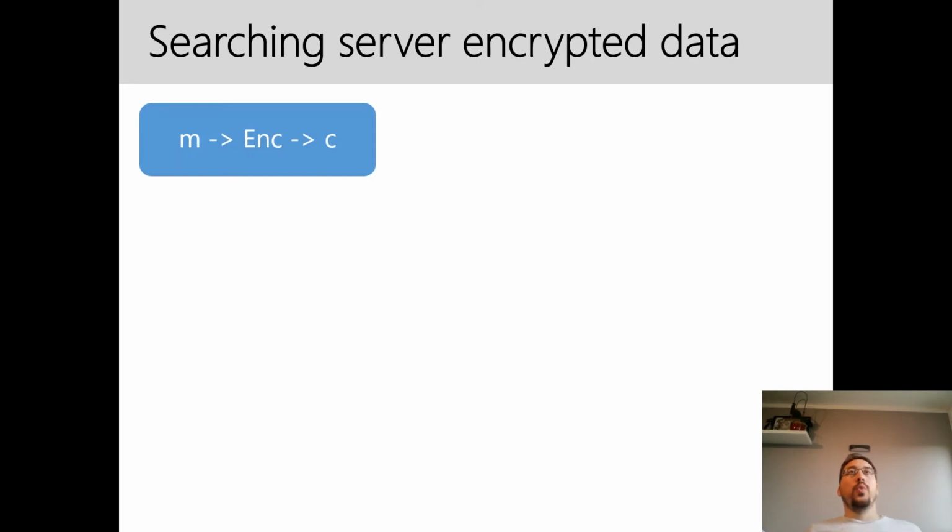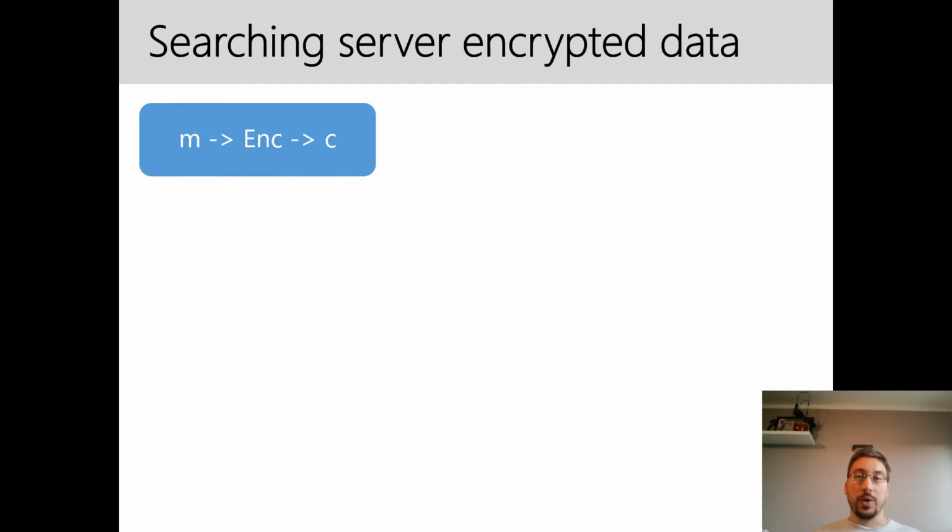So one problem we have when we encrypt our data is basically we lose any kind of high-end analysis over it, right? So we cannot search on it, we cannot see it, we cannot aggregate it, nothing of the sort, right?